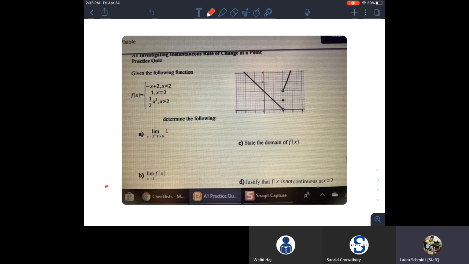So it's supposed to be what's the limit as x approaches 2 from the left, I think. Did yours come out all messed up? Okay, I'll fix it. So it's supposed to say that. If you download it, does it work better? Okay, perfect.